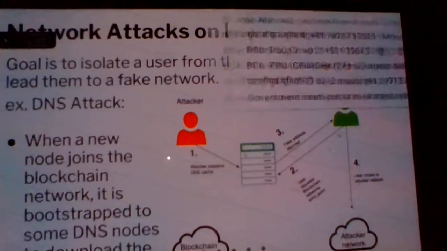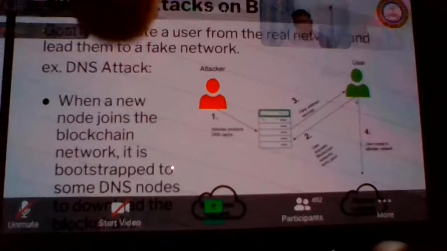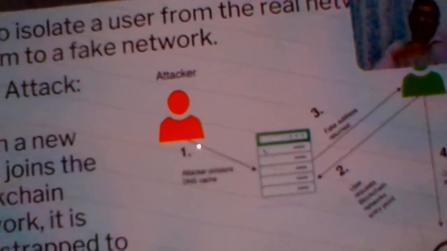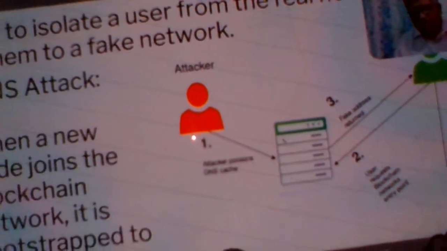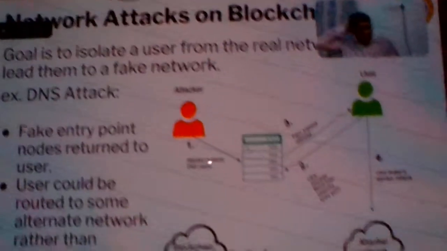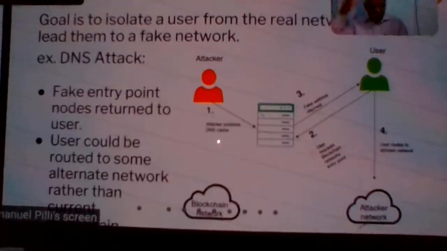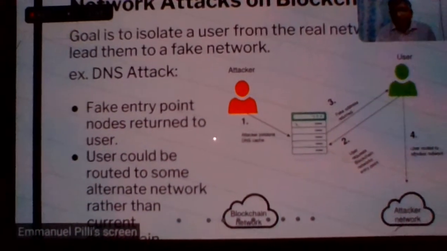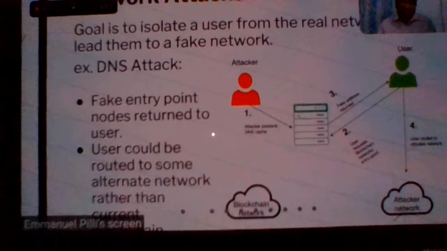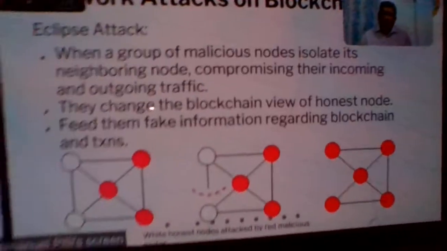So the address that is returned is a different address, and when you use that address, you go to a different network. It looks like a blockchain, like a phishing attack. You want to go to your bank, but it is actually taking you to some fake website, right? So these are some of the things that happen at the network level. The fake entry point nodes route the user to an alternate network rather than the real blockchain. So at the DNS network level, you can do cache poisoning.